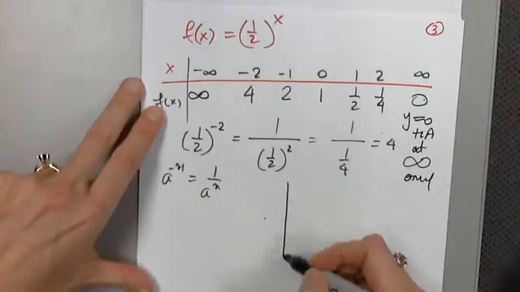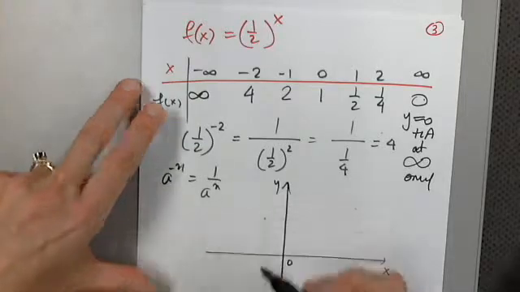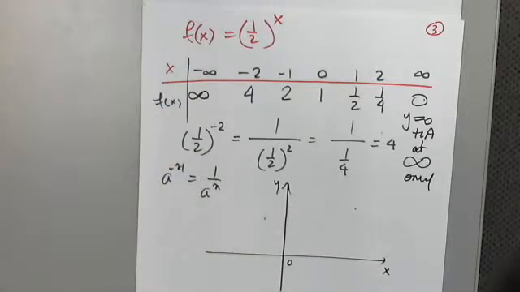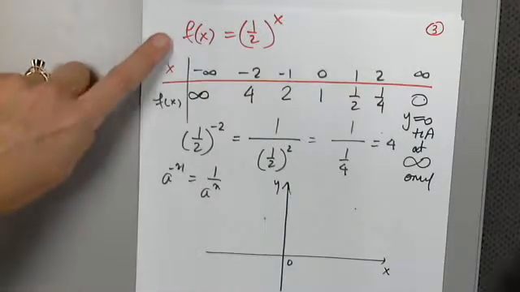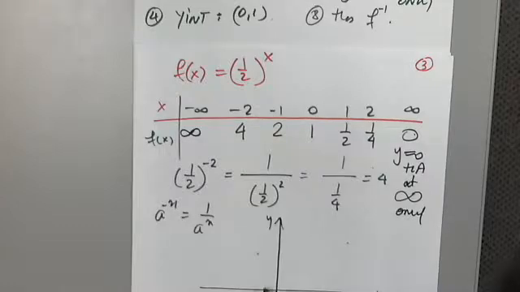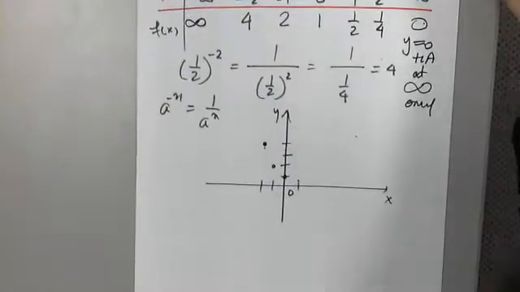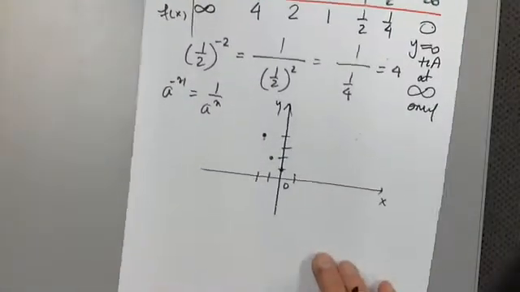As I mentioned, and I promised, a totally different shape. Kind of like flip-flop. Exactly. Perfect. Okay, so first point, -2, 4. -1, 2. 0, 1. The graph is a little bit off the screen.